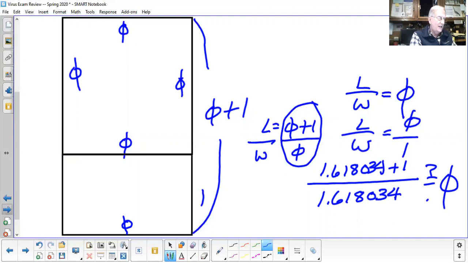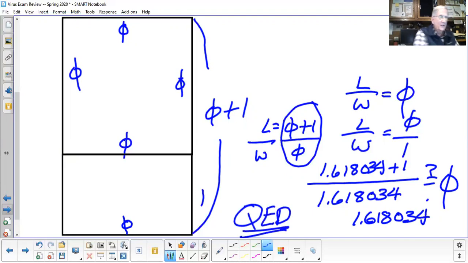If I take 1.618034 and add 1 to it, it's 2.618034. And if I divide that by 1.618034 on a calculator, guess what I get? I get 1.618034 to 6 decimal places.